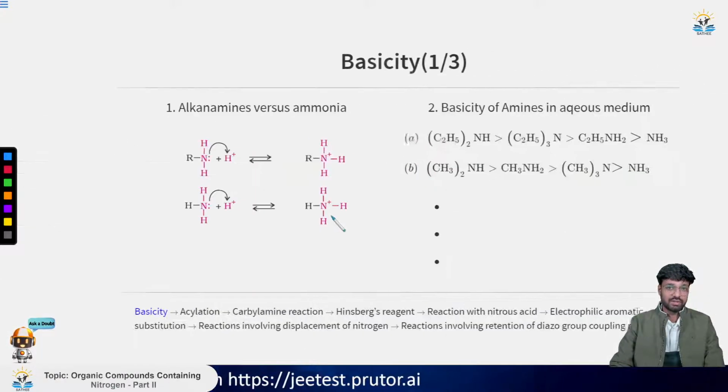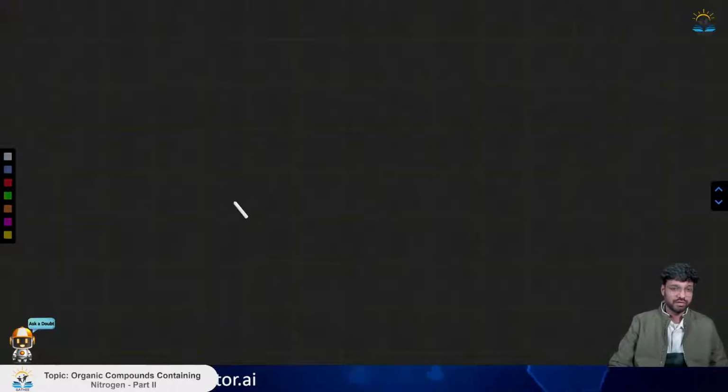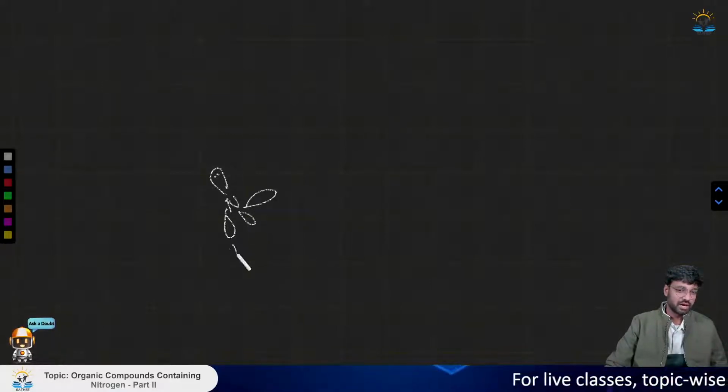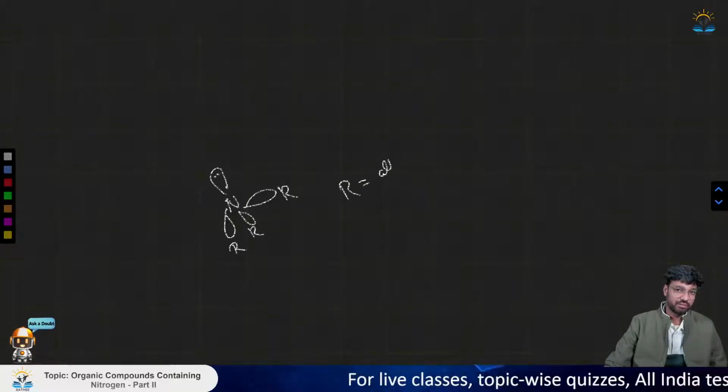Now let us start our chapter. First we will start with the basicity. We have seen that nitrogen is an sp3 hybridized molecule in which there are three R's here. This R can be anything, like an alkyl group.